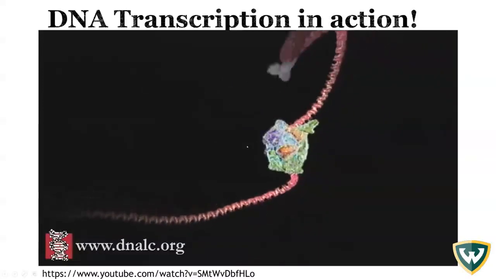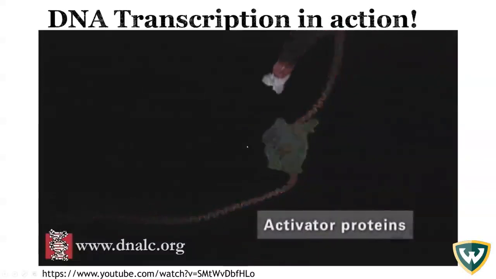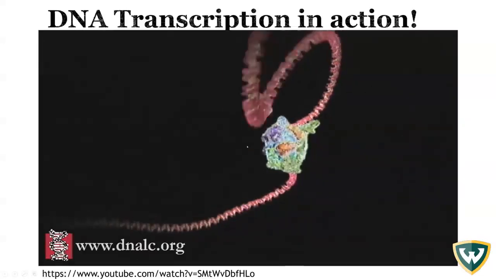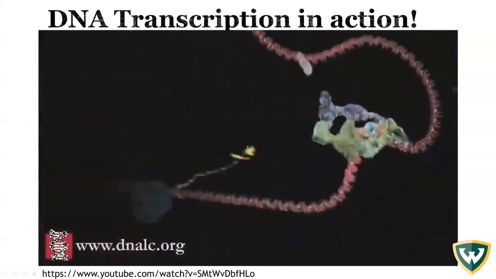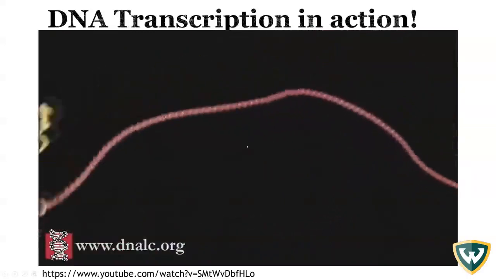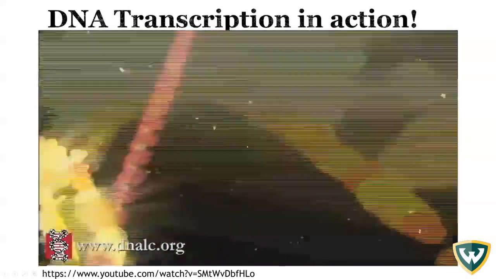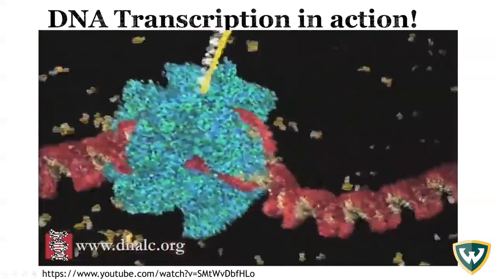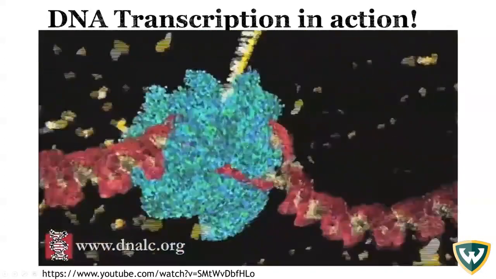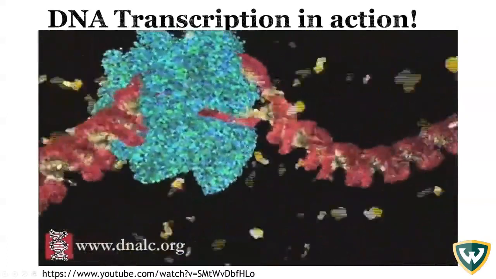The initiation complex requires contact with activator proteins, which bind to specific sequences of DNA known as enhancer regions. These regions may be thousands of base pairs distant from the start of the gene. Contact between the activator proteins and the initiation complex releases the copying mechanism. The RNA polymerase unzips a small portion of the DNA helix, exposing the bases on each strand.